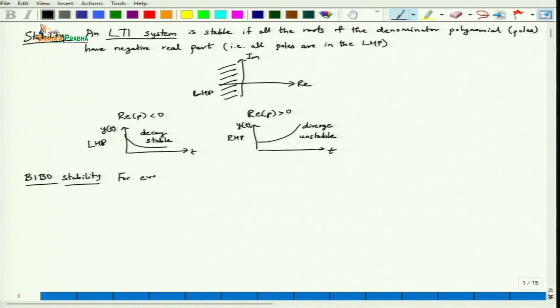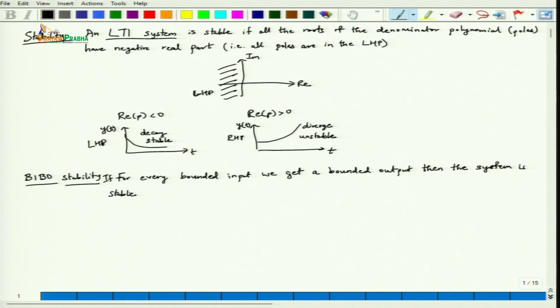If for every bounded input we get a bounded output, then the system is stable.